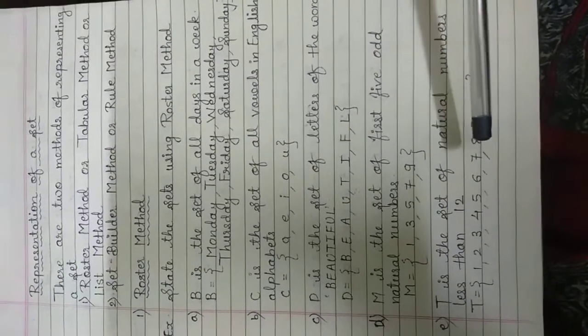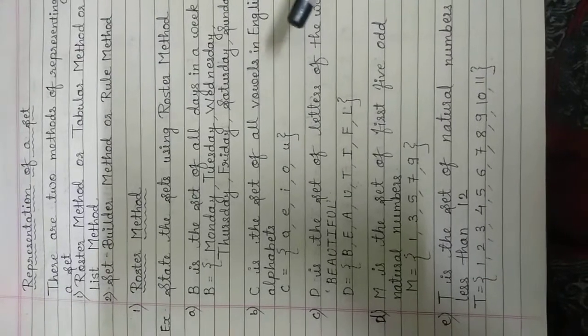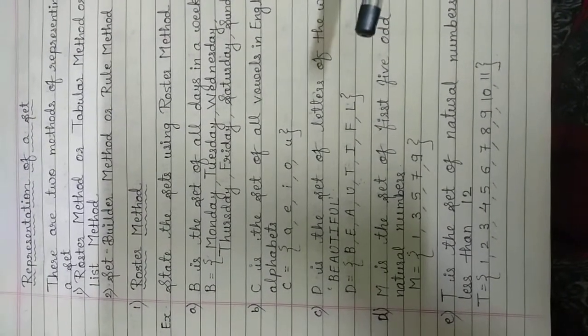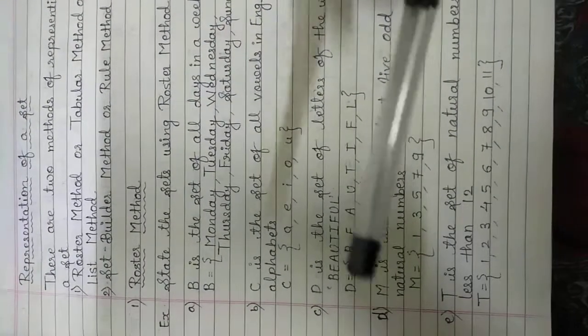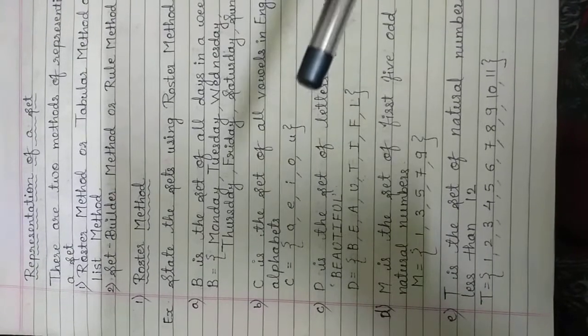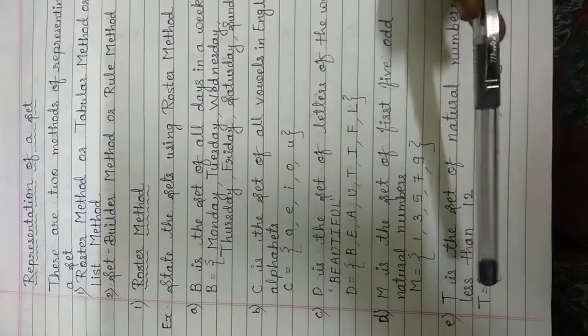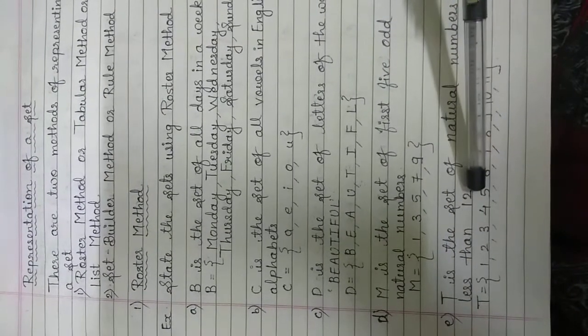Now next example: T is the set of natural numbers less than 12. Here, while writing the set in roster method, no condition is given whether the natural numbers are even or odd. That means we will consider all the natural numbers 1, 2, 3, 4, 5 and so on. But the condition is we want the numbers less than 12.